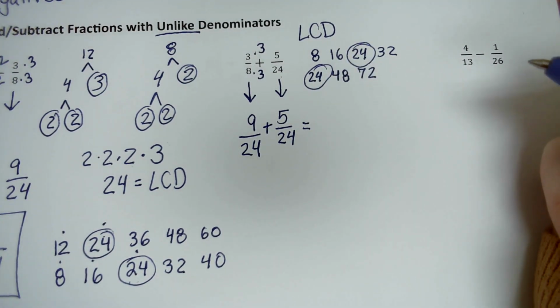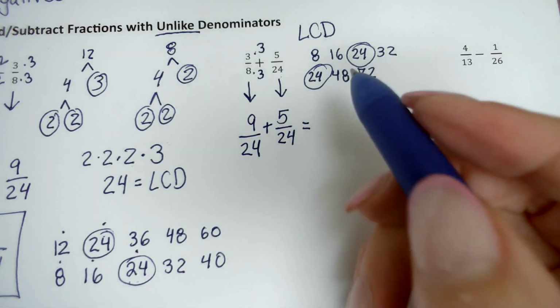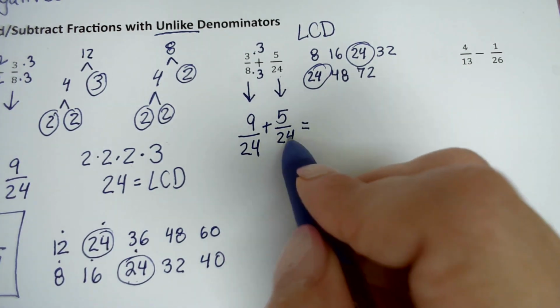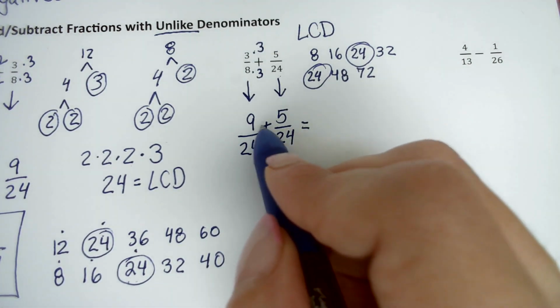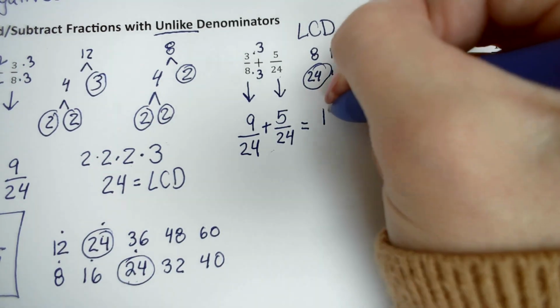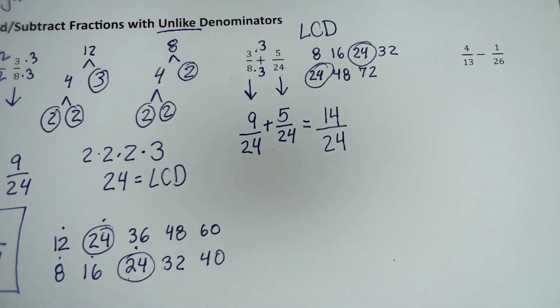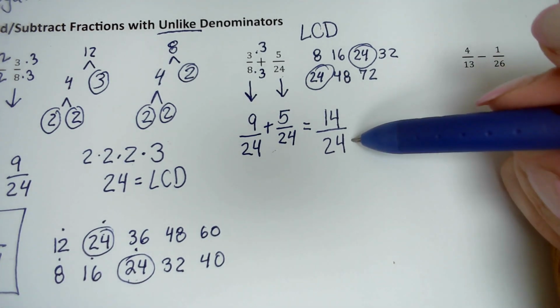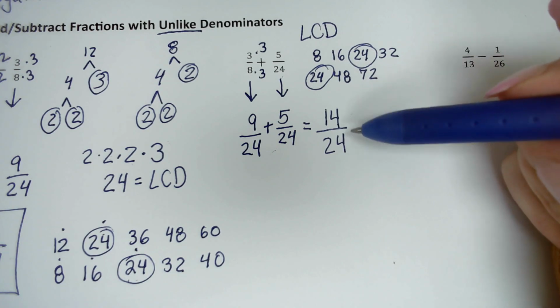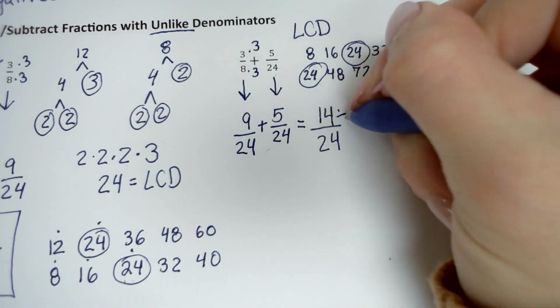Now we have common denominators, sorry, not equivalent fractions, and we can add them together. 9 plus 5 is 14 over 24. But I noticed these are both even numbers, so they can both be divided by 2.